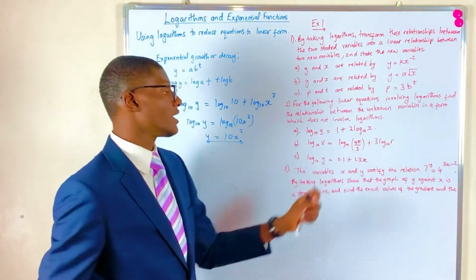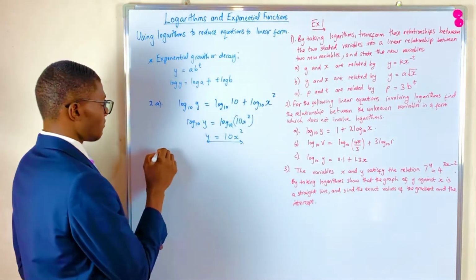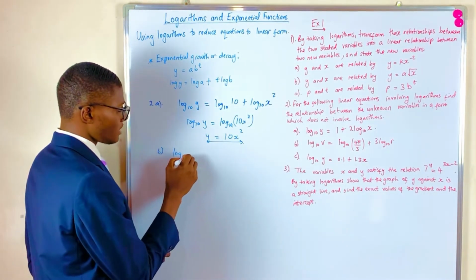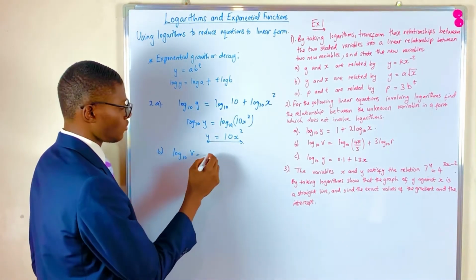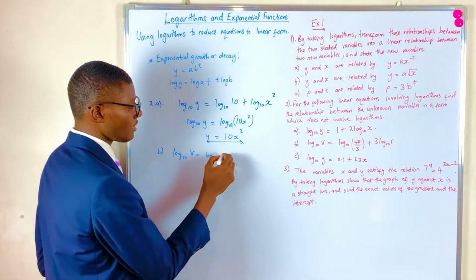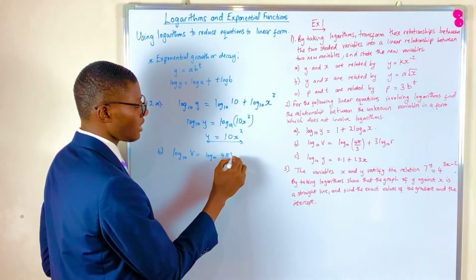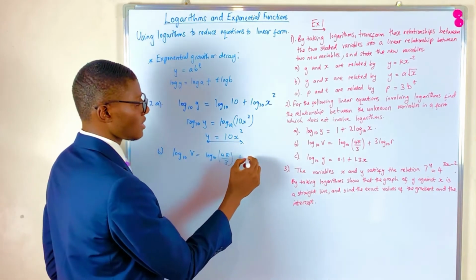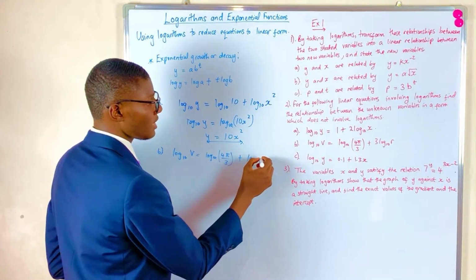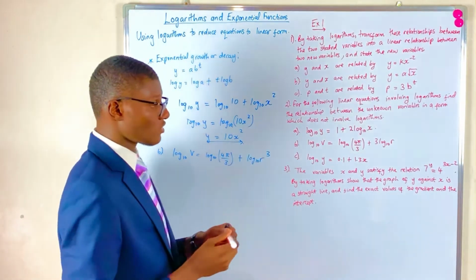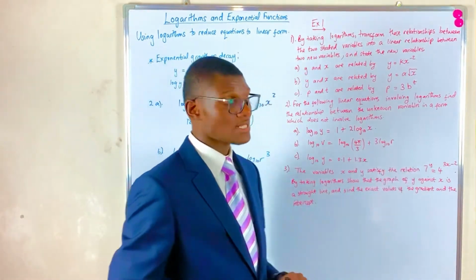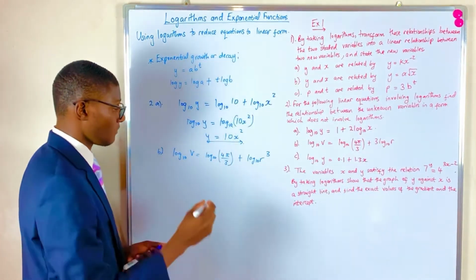Then for the second part, part B, we've got log to base 10 of v being equal to log to base 10 of 4 pi over 3, plus log to base 10 of r to the power of 3. So I've just raised this 3 such that it's r to the power of 3, right?